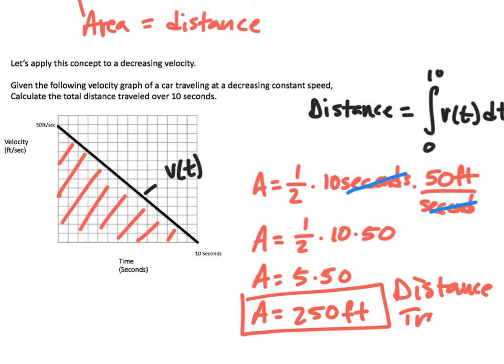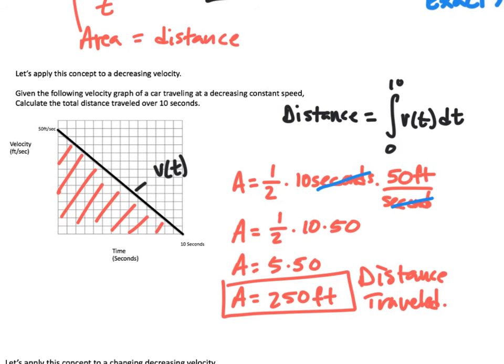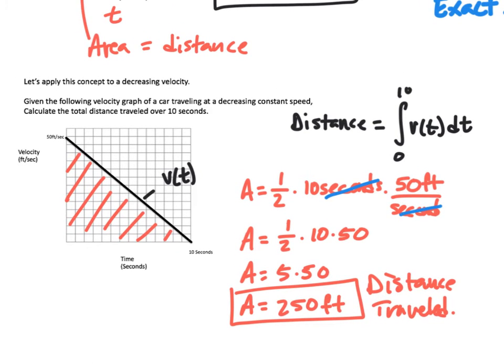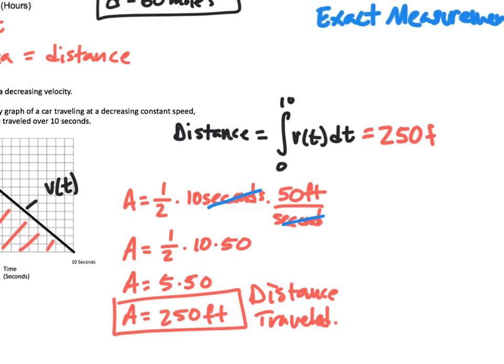If we want to express this distance using calculus notation, we would use this, and we could say that the distance that we travel, given this scenario, is equal to 250 feet.